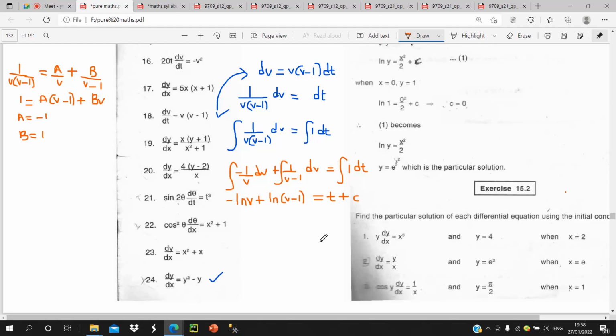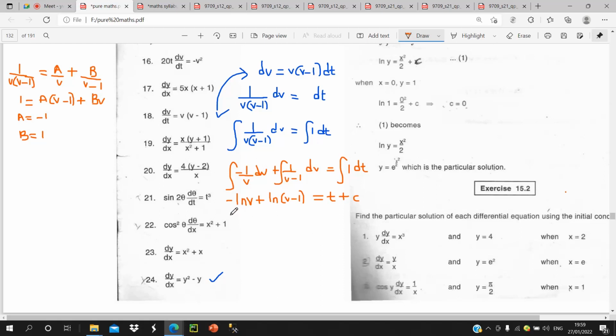Let's say we want to make v the subject here. What is going to be our next step from here? Introduce an exponent. Before you introduce an exponent, whenever you have two or more terms which contain ln functions, you have to combine them before you introduce e.